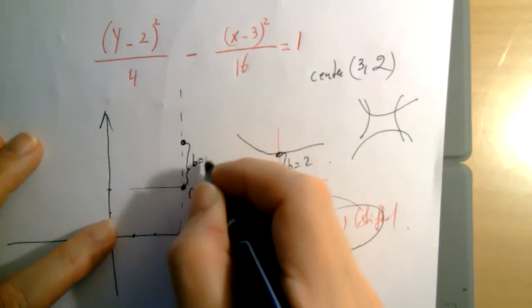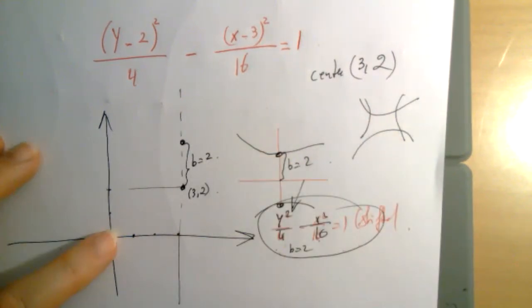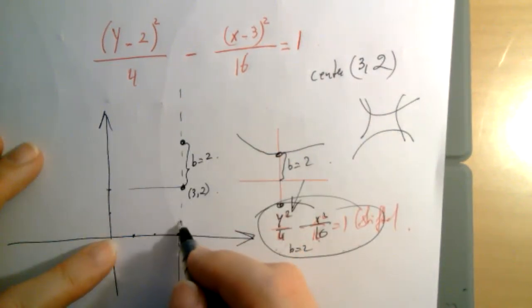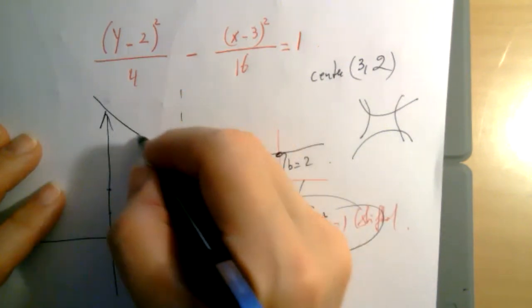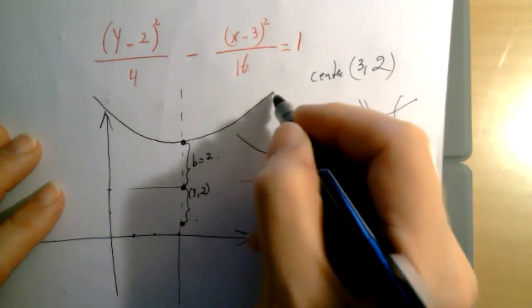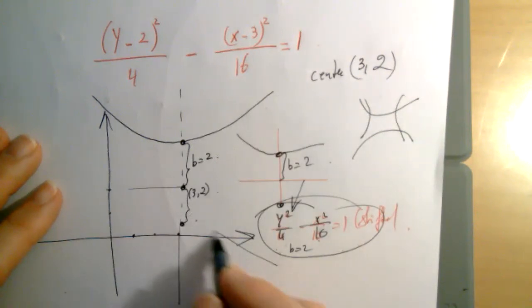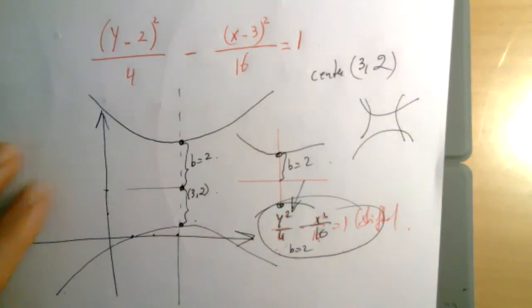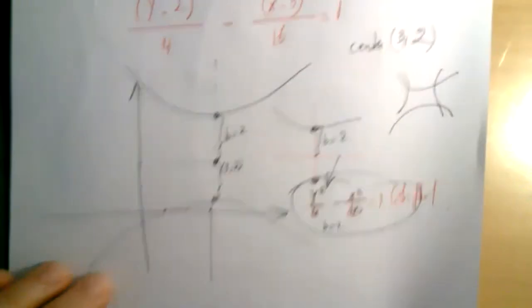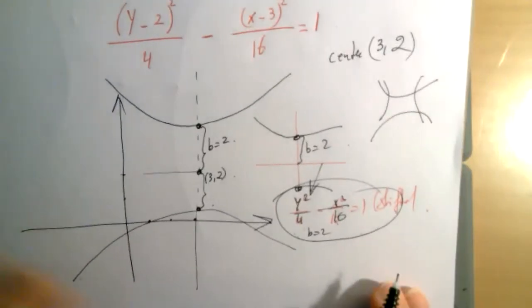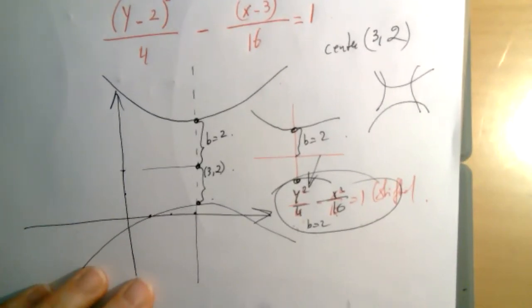That's my b. And I'm going to go by 2 units down. Since this is a 3, 2 will be right there. So my hyperbola is actually now going to be somewhere like that. At least for now, I'm just going to give you a picture. That's how it's going to look like. So let us find every aspect of it. Everything is going to be simple. It's only the asymptote that's a bit tricky, but you will be able to find it. First, the vertices.